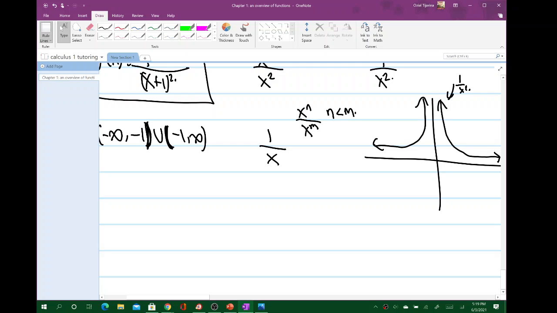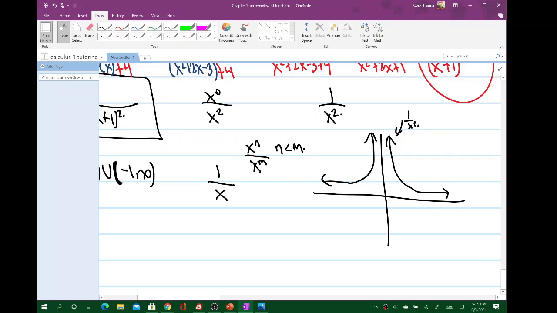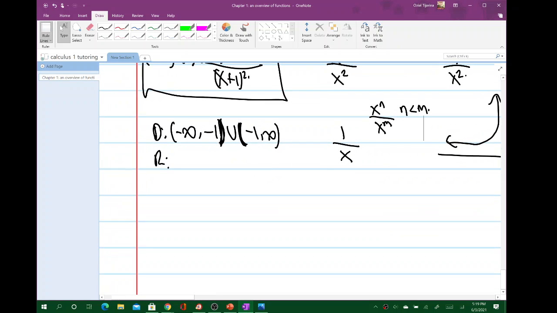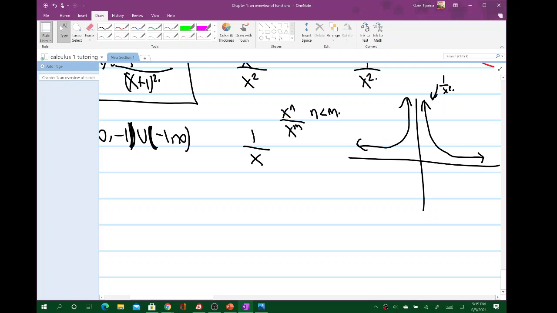At least I think that's what it is. Just give me 1 second. Or actually, I'm wrong. The horizontal asymptote would be y equals 0.